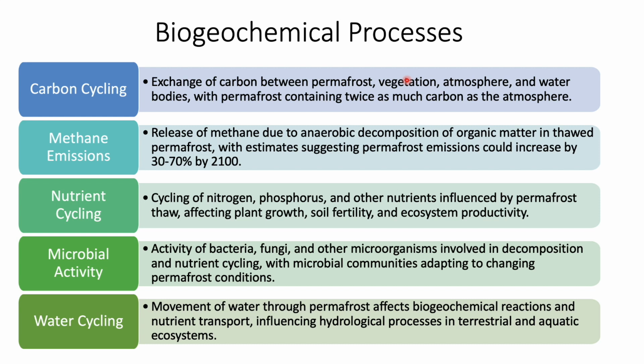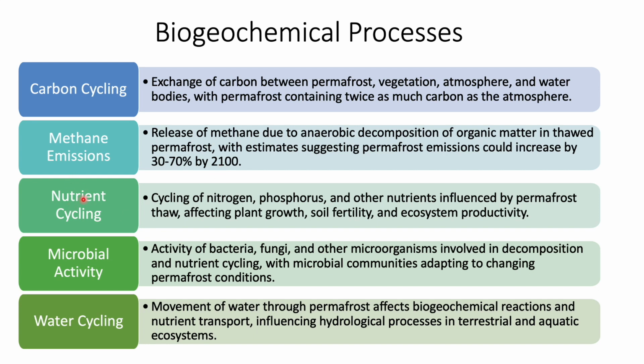With respect to methane emission, it is the release of methane due to anaerobic decomposition of organic matter in the thawed permafrost. So this is the microbial activity increase. This is the major problem and it is estimated that it will increase by 30 to 70% by 2100.